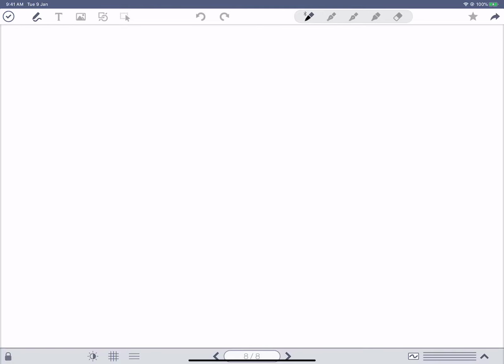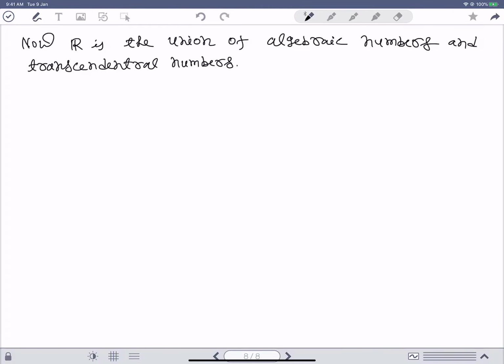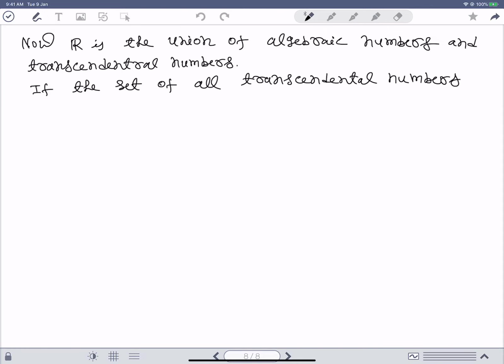So the set of all algebraic numbers is countable. Now from this we can deduce that the set of all transcendental numbers is uncountable, because we know that R is the union of algebraic numbers and transcendental numbers. If the set of all transcendental numbers is countable, then R is also countable, because we have already proved that the set of all algebraic numbers is countable.